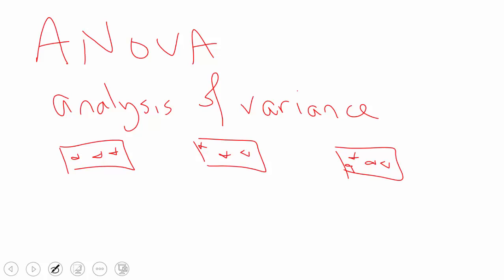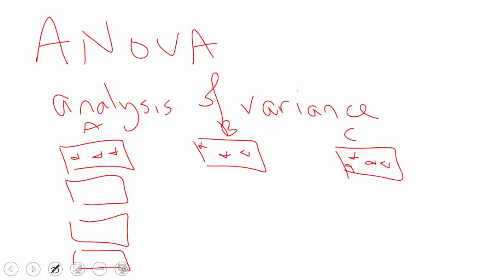Now, here's a little thing. Technically, you don't want to do that. Technically, for food A, B, and C, you would want to have multiple aquaria, each with a bunch of fish in them.